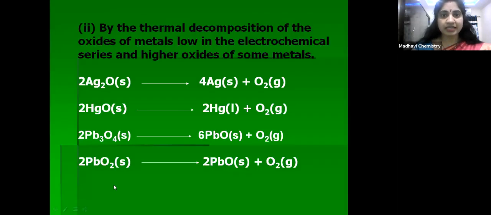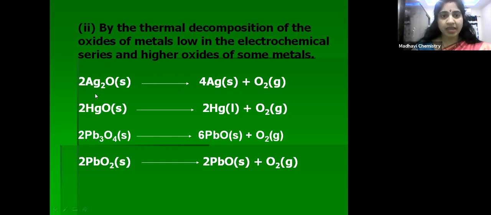Now coming to the next method, this is also a laboratory method only: thermal decomposition of oxides of metals low in the electrochemical series. Which metals are low in the electrochemical series? Those which are less reactive metals. Their oxides on thermal decomposition, that is, by heating, in the presence of some catalyst, give oxygen.